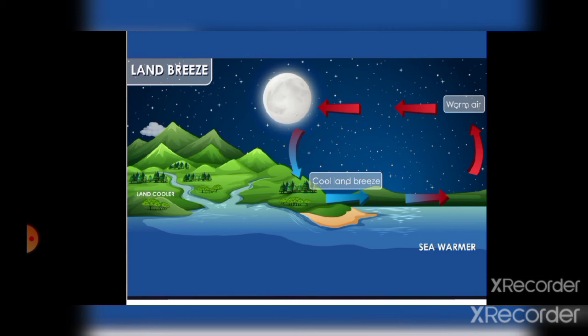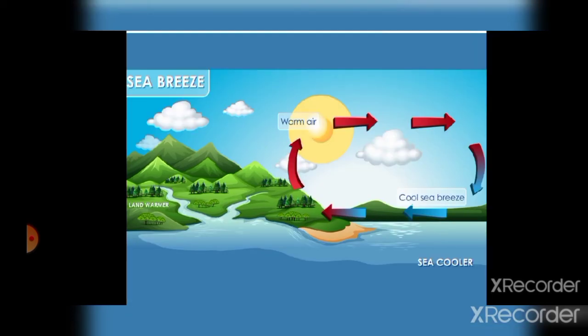Now we will see sea breeze. During daytime, when the sun shines, the solid land gets heated to a higher temperature, much more quickly than the liquid sea water. The hot air over the land rises upwards and cooler air from over the sea moves towards the land in the form of a cool breeze.